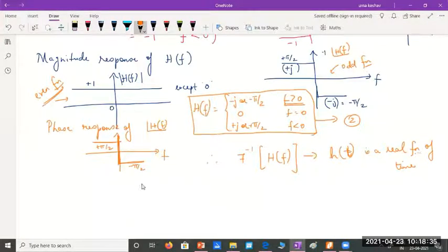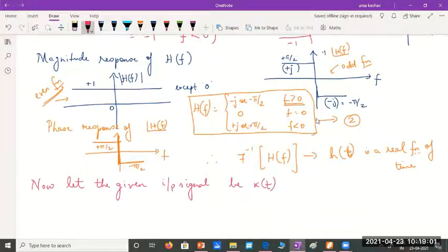So let's just try to move forward and consider, now, let the given input signal be x of t.